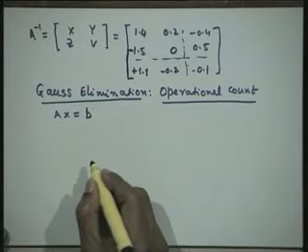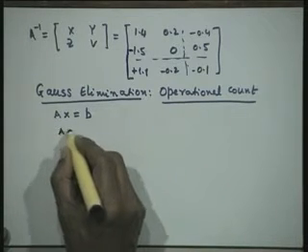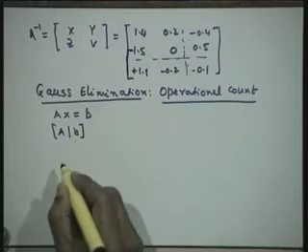We have the system of equations Ax = b, and then we have written the augmented matrix AB.